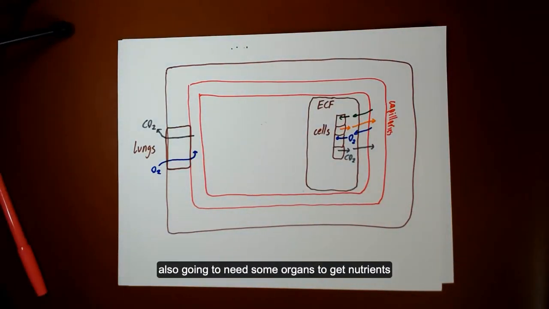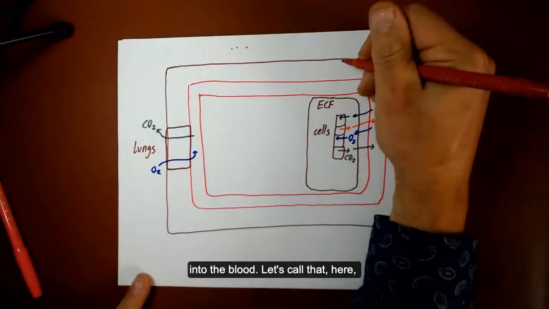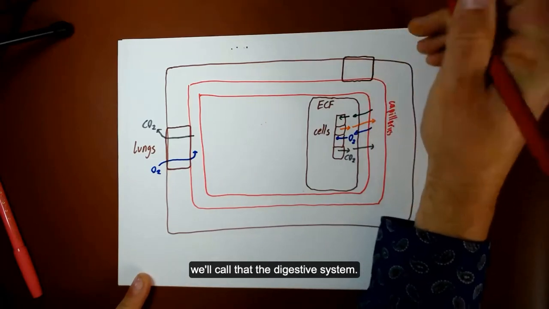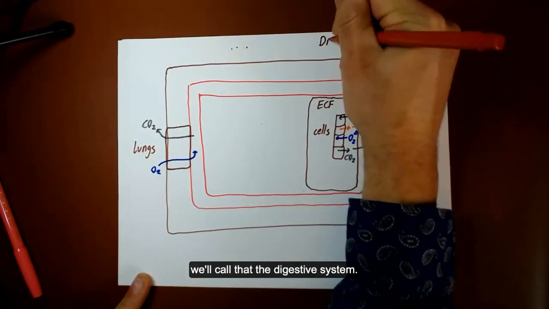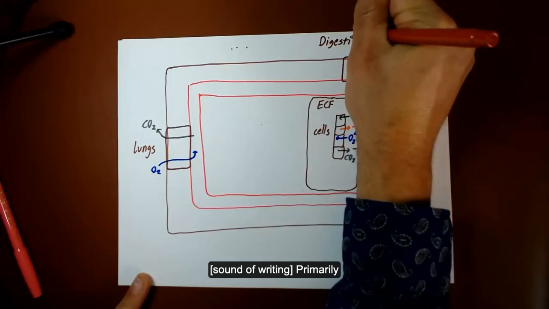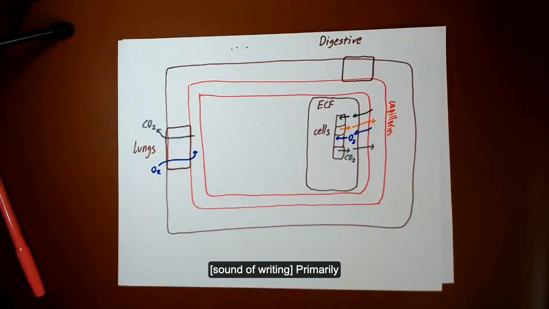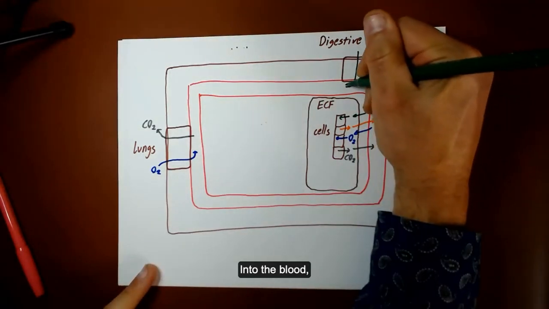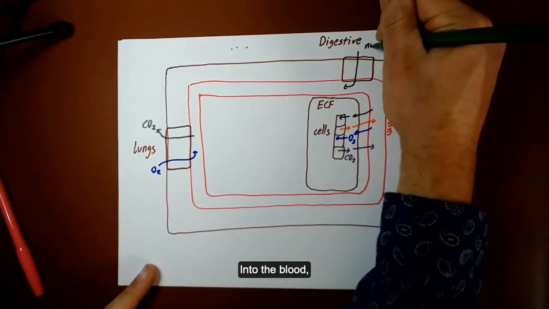And then we're also going to need some organs to get nutrients into the blood. We'll call that the digestive system. Primarily, the digestive system is going to be about bringing nutrients into the blood.